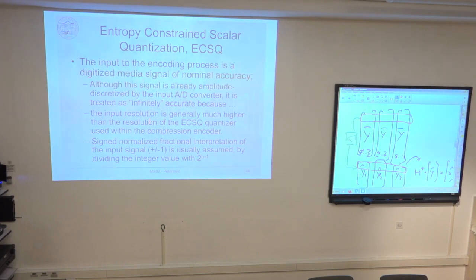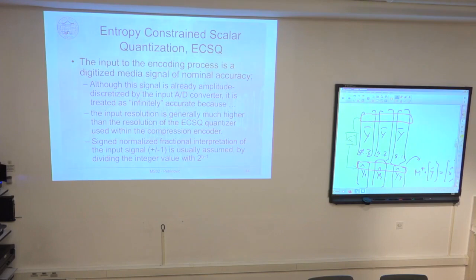After this, I will introduce this AD converter that will reduce the number of levels just to reduce the entropy. So let's say this nominal accuracy is like a real number, like an infinite accuracy. And after that, I will apply the AD conversion just to reduce the entropy, of course, by introducing the error.